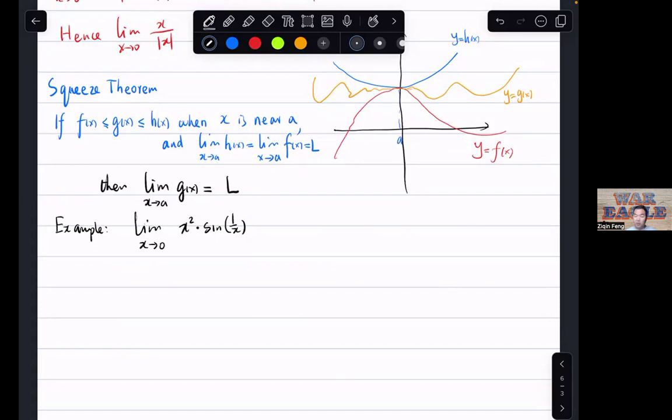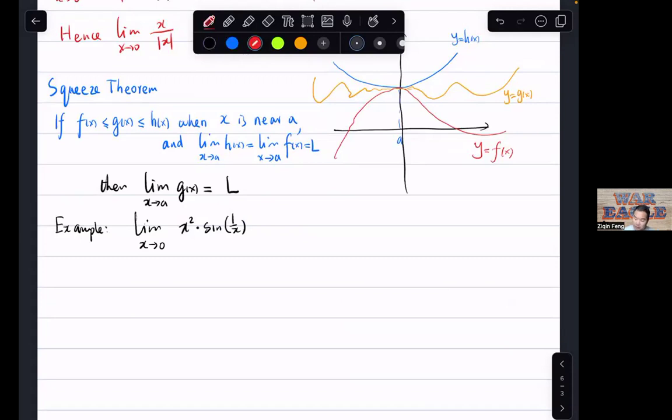How do we do that? We want to use our squeeze theorem. So we want to get a lower bound and upper bound of our function. You don't want to make your upper bound very big, which means it's impossible to control. So what's the natural upper bound?